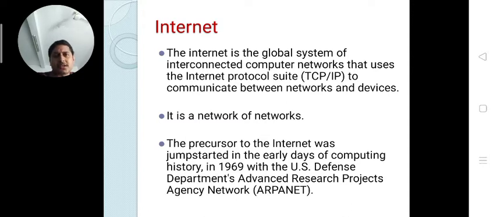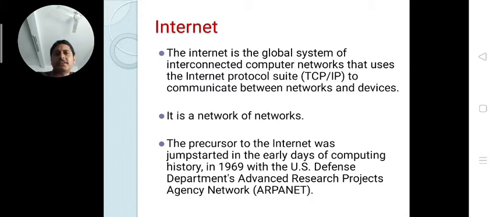It is a global system where all the networks available in the world are connected together and they are using TCP/IP. TCP stands for Transmission Control Protocol and IP stands for Internet Protocol. They are using these two protocol suites to communicate with each other over the network, and that is known as the internet.